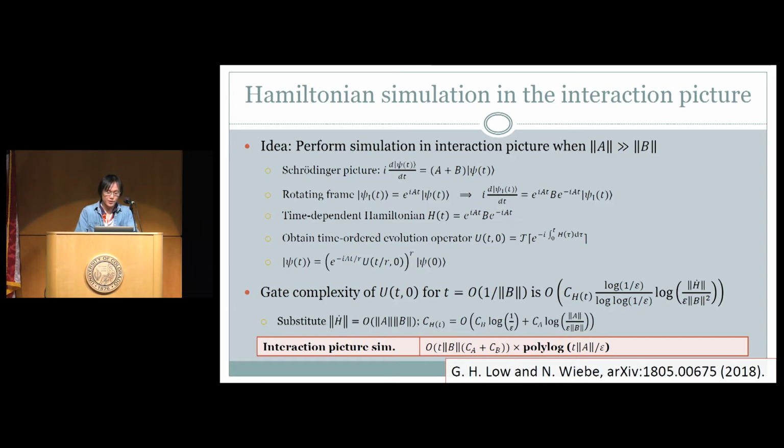If you were to just throw all of these parameters into the time-dependent simulation algorithm, you get our result for the cost of simulation in the interaction picture. You get your linear scaling with the smaller term, B, and time. And the norm of A is now represented in the norm of the time-dependent Hamiltonian, which is just the commutator of A and B. And so that log factor is something we can just ignore.